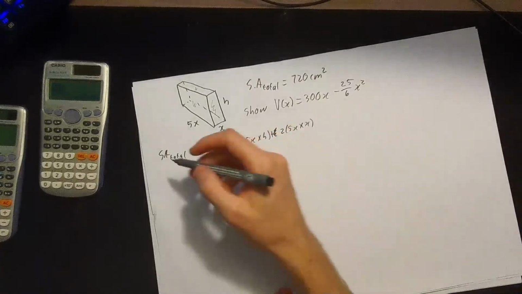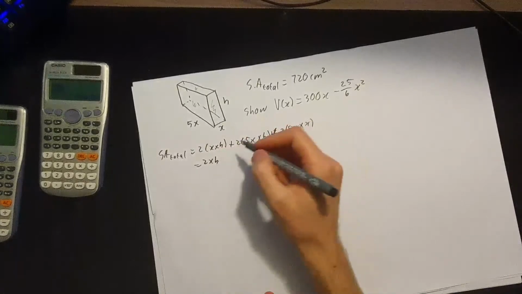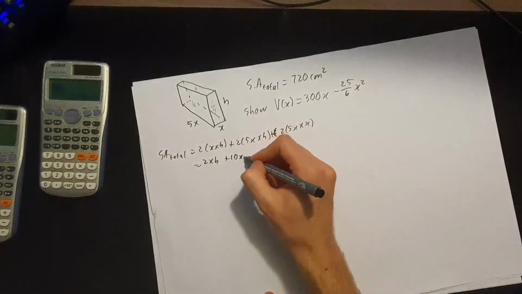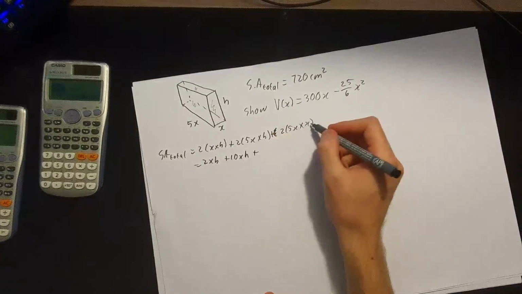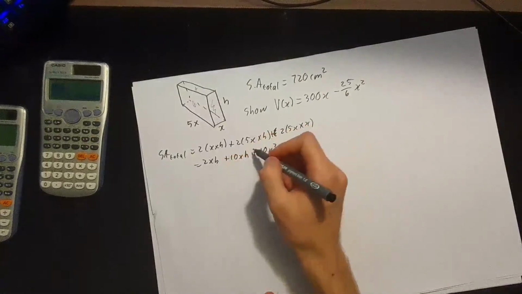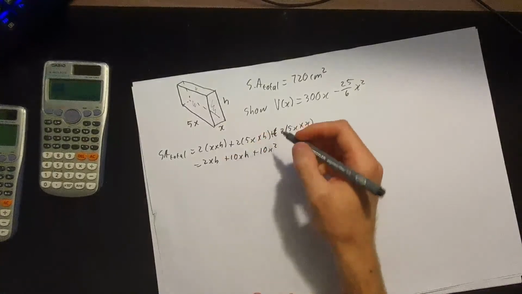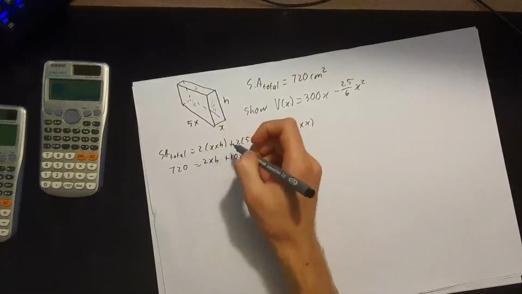Therefore, if we sort this all out, that's just going to be 2xh plus 10xh, plus 10x squared. Now remember, we need something in terms of h, and this is all equal to 720. So I want h on its own.